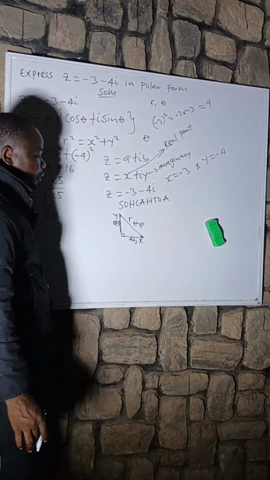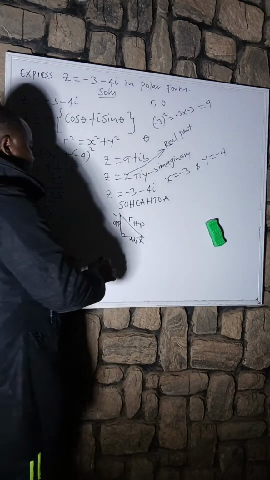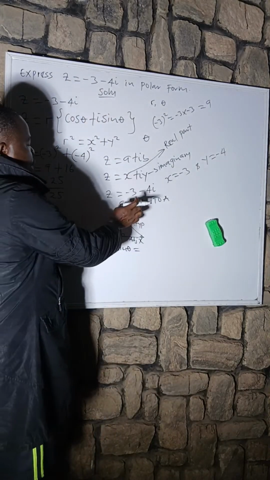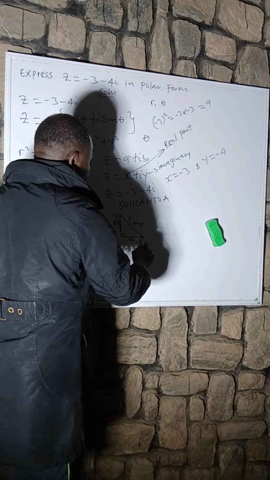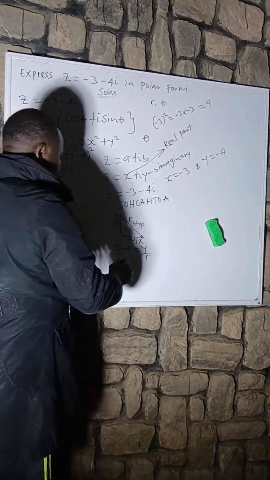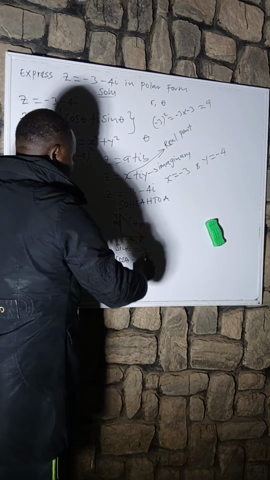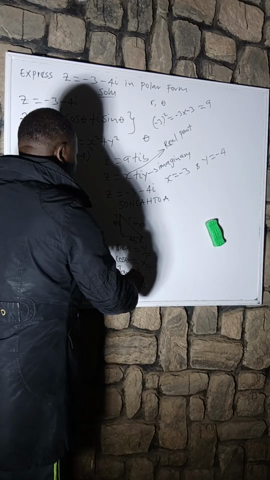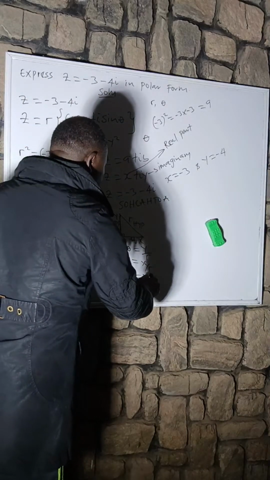So our sine theta is equals to opposite over hypotenuse, y over r. Then cos theta is equals to adjacent over hypotenuse, which is x over r. Tan theta is equals to opposite over adjacent, which is y over x.